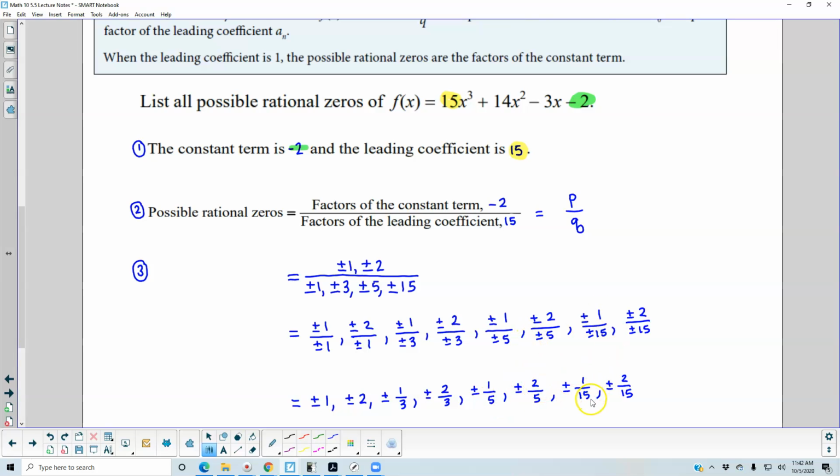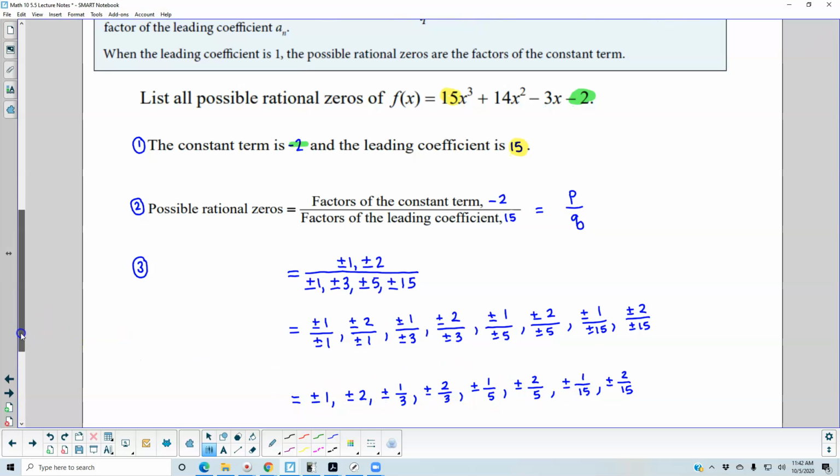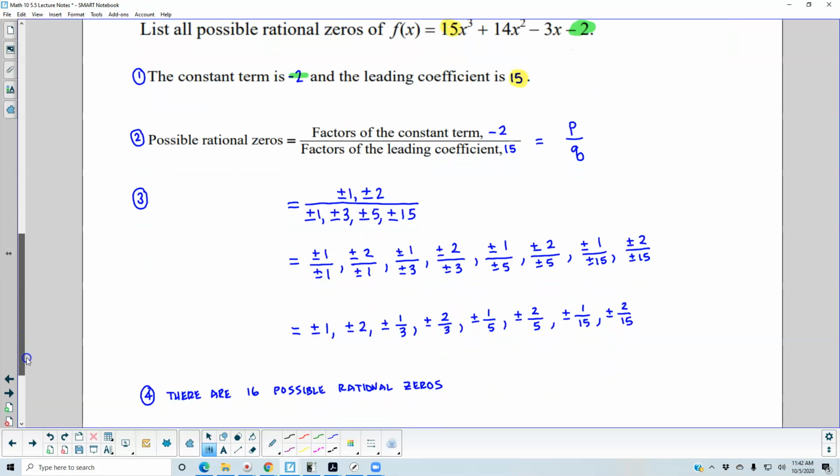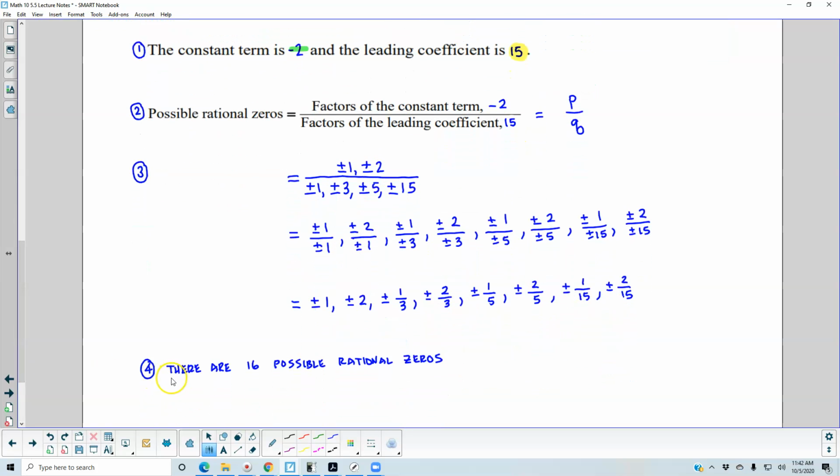Plus or minus 1/15. And plus or minus 2/15. So, if we add these together, we have 1, 2, 3, 4, 5, 6, 7, 8. But we have a positive or minus, so that means we have a total of 16 possible rational zeros. So, we can conclude that there are 16 possible rational zeros.